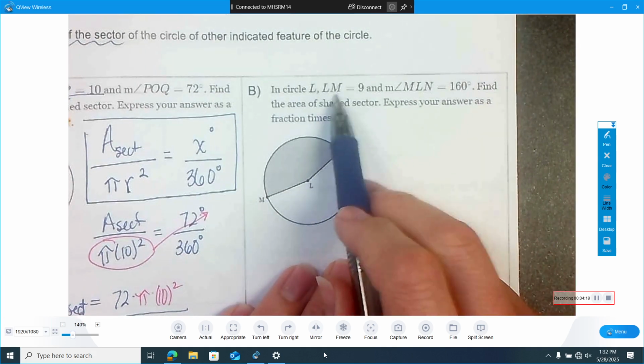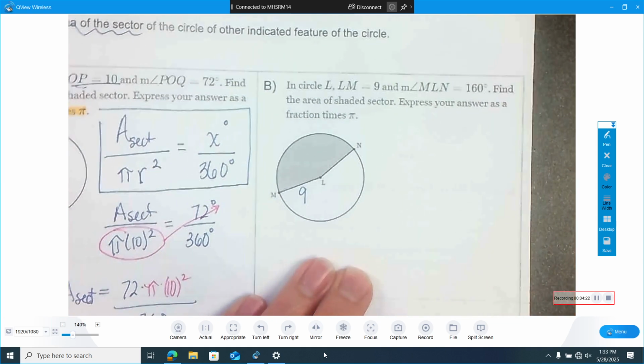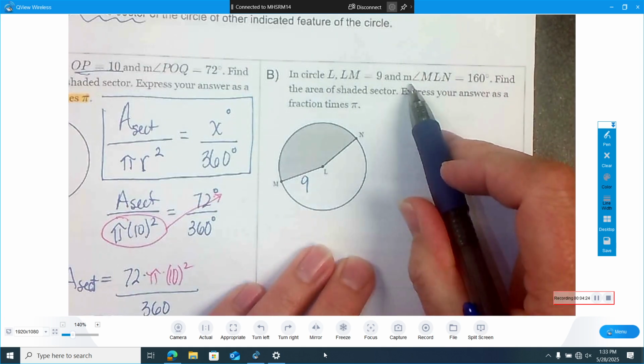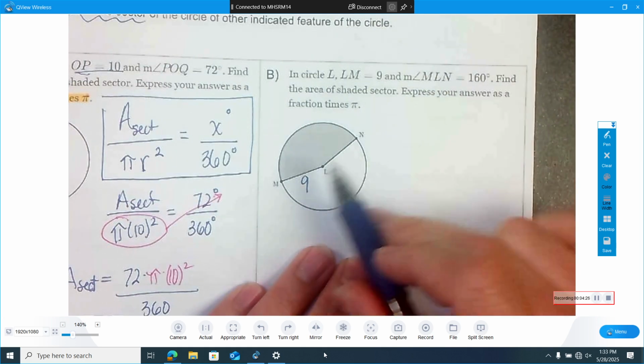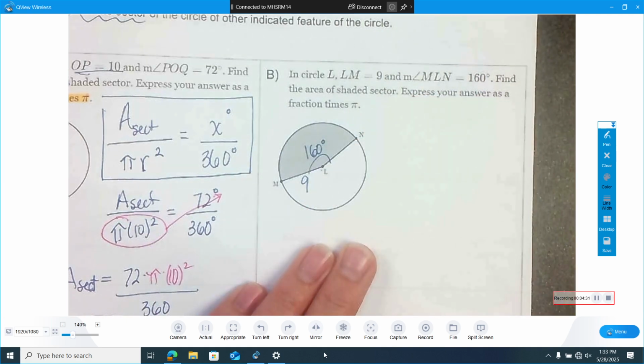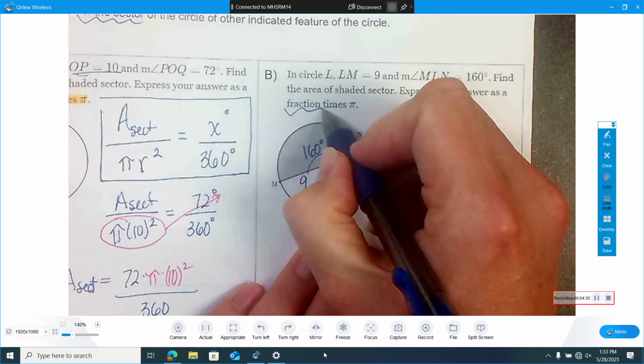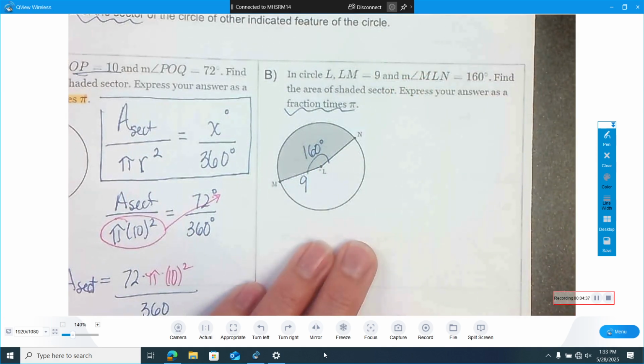Okay, let's try B. Let's see, it says LM is 9. Again, that's a radius for us. And the measure of angle MLN is 160 degrees, and we want to find the area of that shaded region. And we need to express our answer in terms of pi.